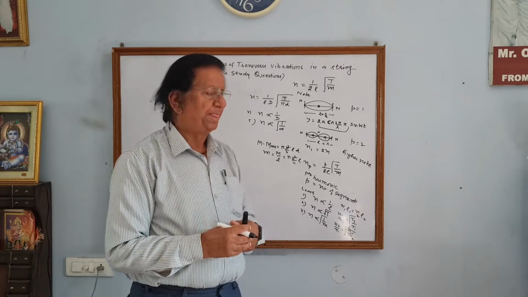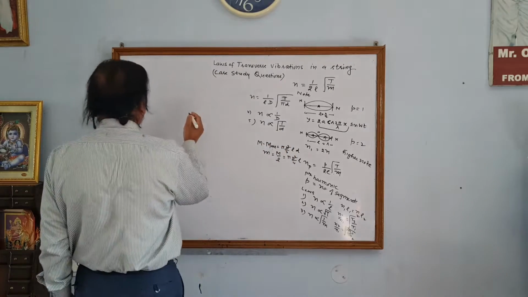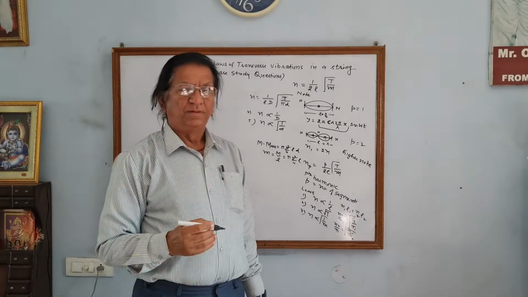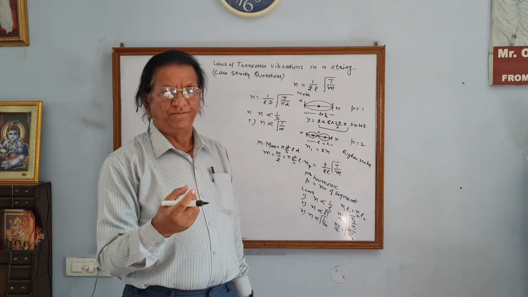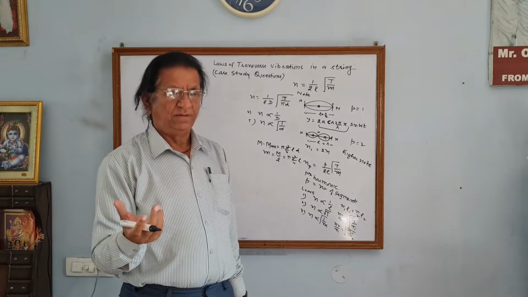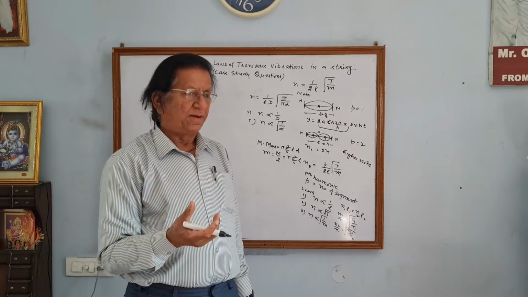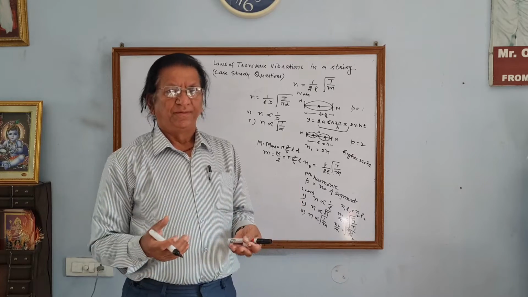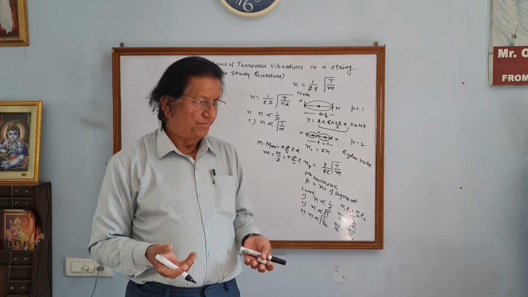For example, the first question will be about the string in a musical instrument, maybe piano, maybe electric guitar, or any instrument in which a string is used to produce vibration and sound.